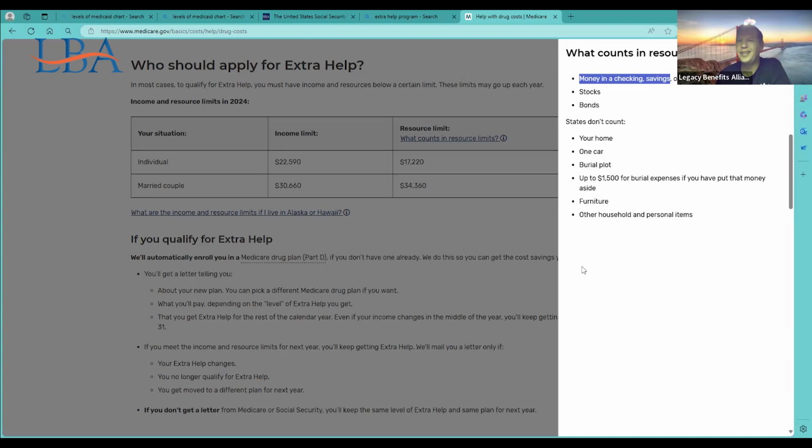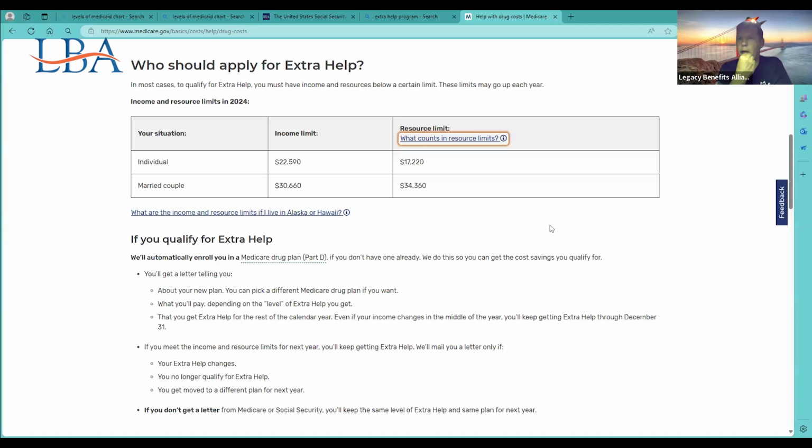But what doesn't count is a burial expense policy, money for burial, a final expense policy. Sure is, right?